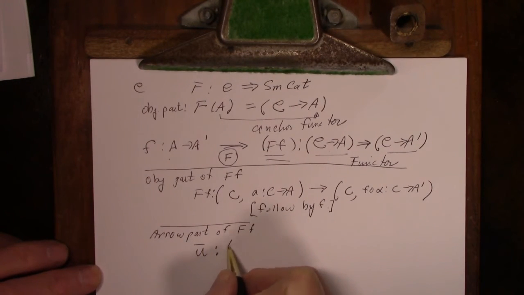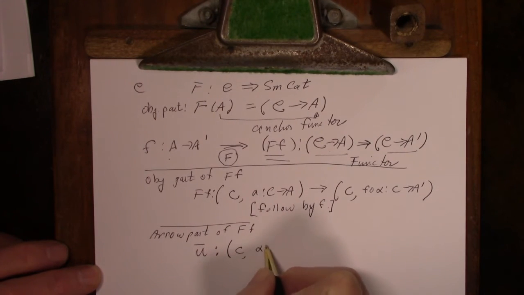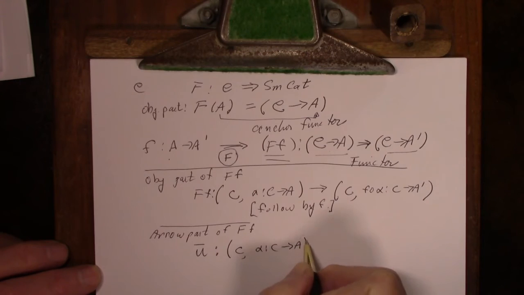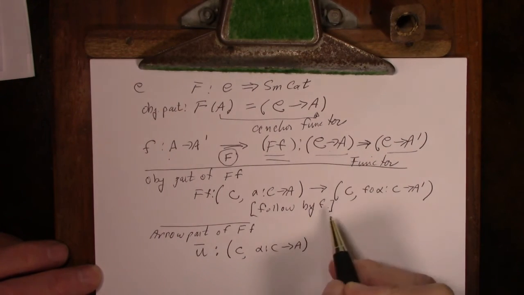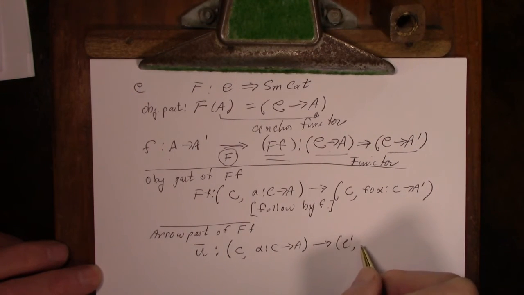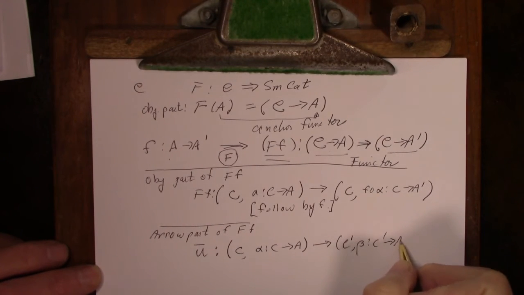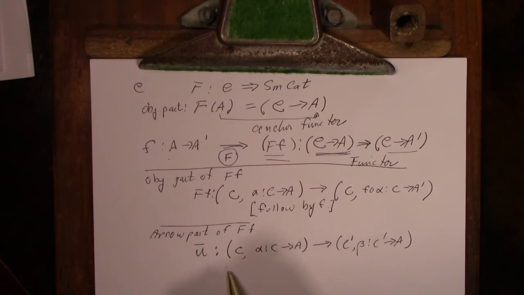U bar, taking an object in C over A to another object in C over A, C prime, beta, C prime A. By definition of morphism, that comes from a qualifying morphism, a morphism u from C to C prime, for which u followed by beta is equal to alpha.